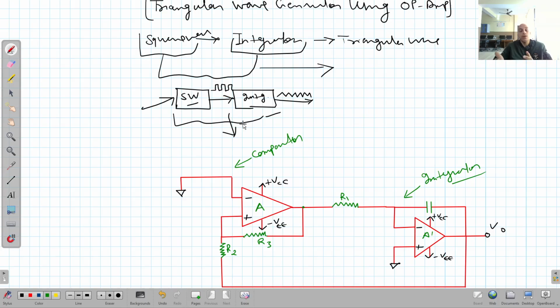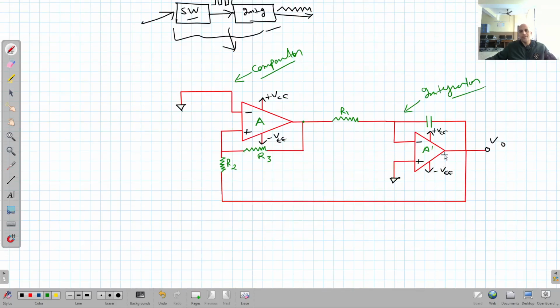We have seen that it was basically a Schmitt trigger modification, and Schmitt trigger was a comparator. So here I'm using only a basic comparator plus an integrator, with some additional circuit elements.